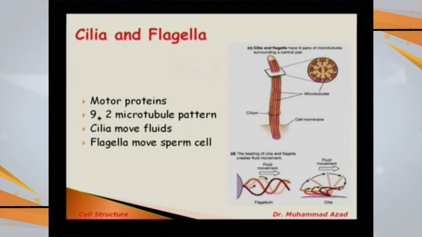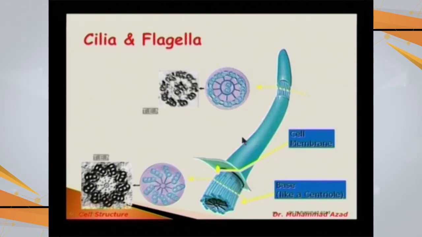If we compare it with the centriole, our last non-membrane bound organelle, the centriole was hollow in the middle and made up of 9 triplets of microtubules. In the case of cilia and flagella, these are 9 duplets of microtubules and 2 in the center. And these are the movements of cilia and flagella. We are going to look at much more detail about these movements.